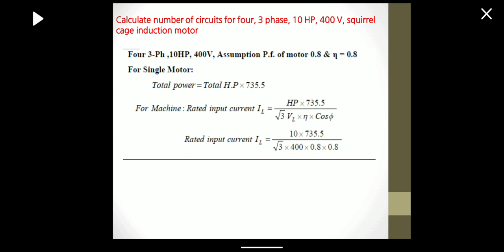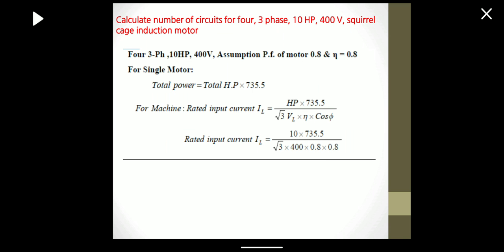Now calculate the number of circuits for the 3 phase 10 HP 400 volt squirrel cage induction motor. So for 3 phase 10 HP 400 volt, assumption of the power factor is 0.8 and efficiency is 0.8.